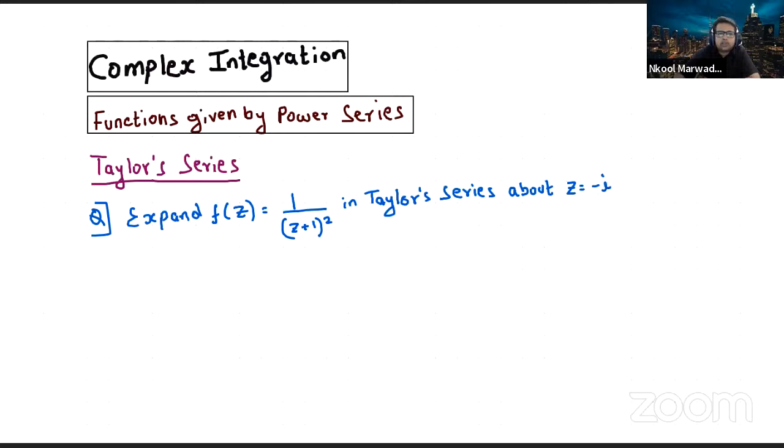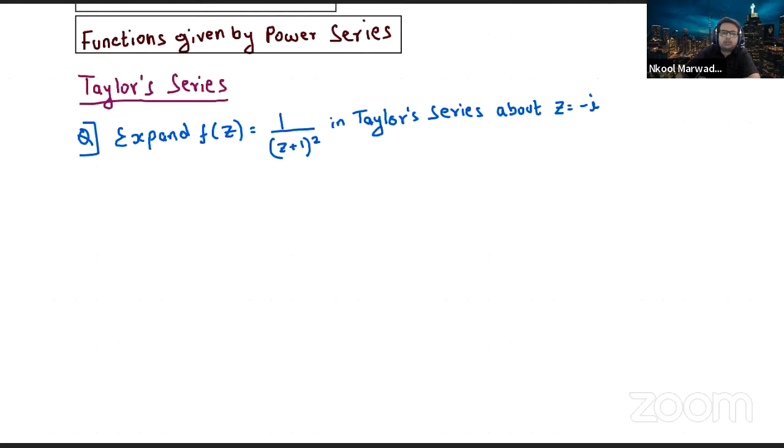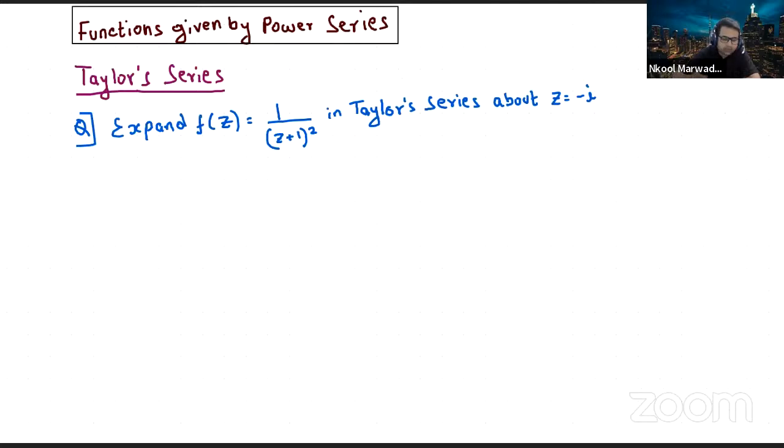Now let us solve this. In order to solve this question, the first thing is that whatever the point is given, according to that we can assume that z plus i is equal to omega, because z is equal to minus i. So z plus i I am treating to be omega.